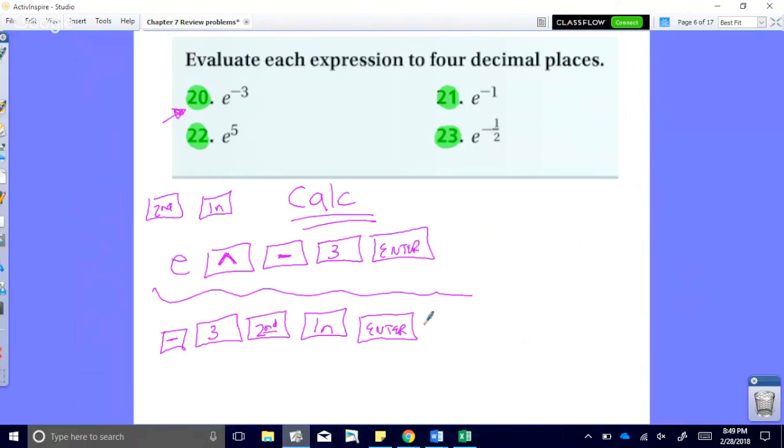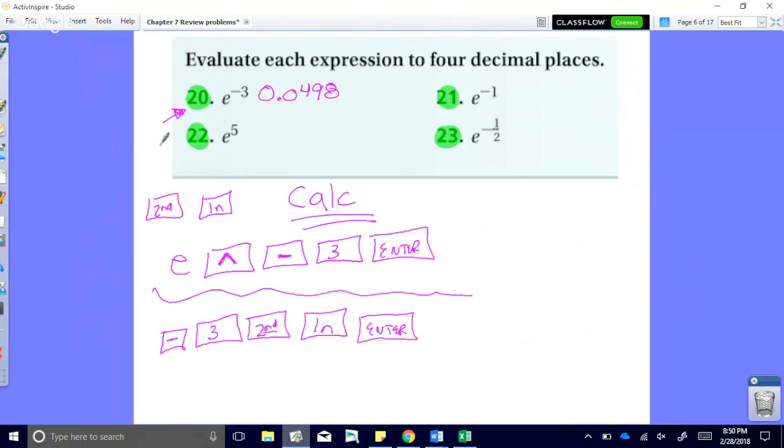So on mine, okay, I'm going to hit negative 3. Okay, and I have an E button, so then I hit the E, and I end up getting 0.0498.